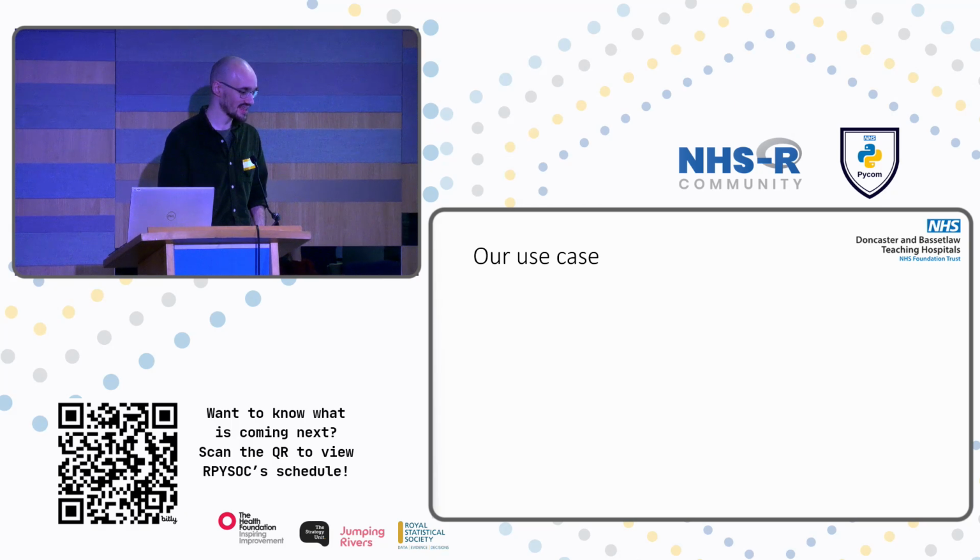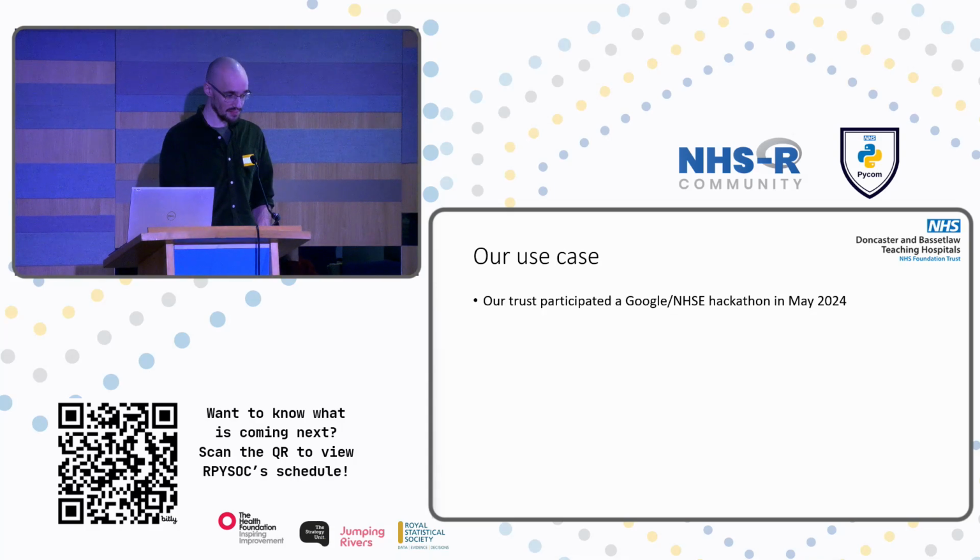There are a couple of caveats to that, but it's at least a lot easier. In our case, we were participating in a hackathon that happened last May. I expect some of the people here were involved in it. In fact, I know they were. Organized by Google and NHSE in collaboration.